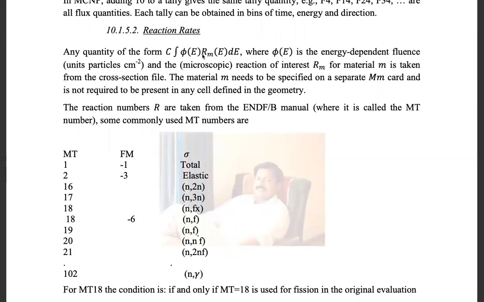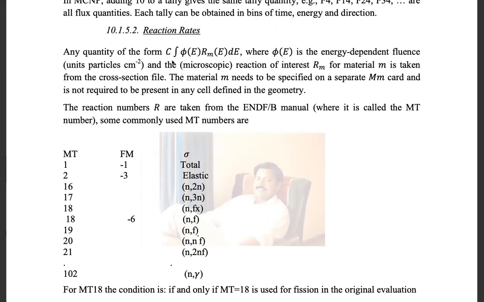So the macroscopic cross-section is the microscopic cross-section multiplied by the number density of the material that you are interested in. So any quantity of the form an integral of phi multiplied by the reaction for material M, integrated over the energy, continuous energy or discrete energy bins, multiplied by some constant.